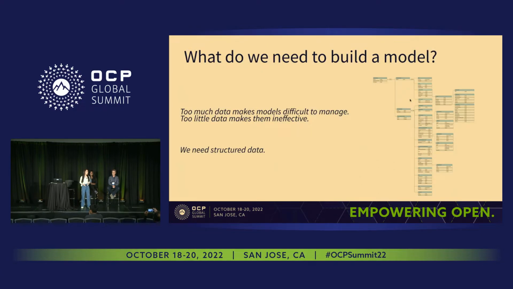So what do we need to build a model? We know some information can be important, like test results, kernel logs, machine topology, telemetries. But as highlighted in the slide, too much data makes the model difficult to manage, and too little data makes it ineffective. We need a data structure to organize, categorize, and correlate that information for us.